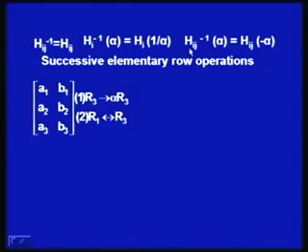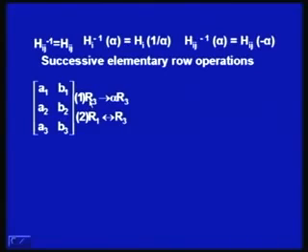The idea is that you can perform a number of elementary operations on a matrix. So, let us say I have been given a 3 by 2 matrix A with rows A1 B1, A2 B2, A3 B3, and I apply 2 operations successively on this matrix.